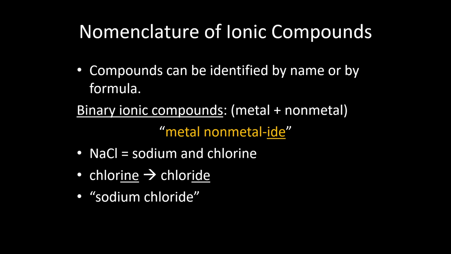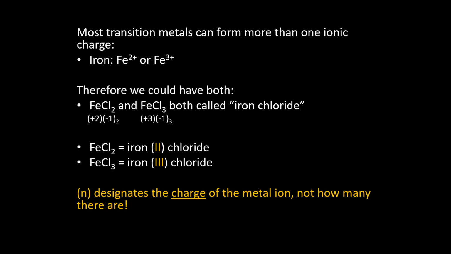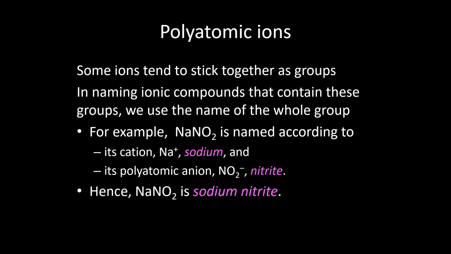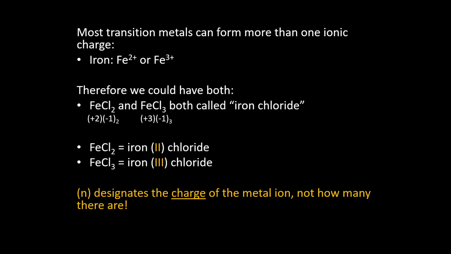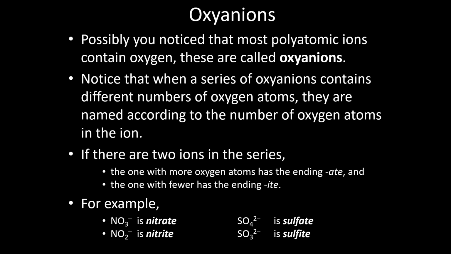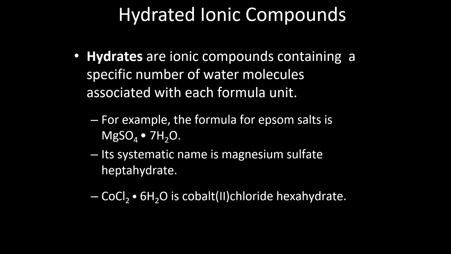So there will be nomenclature on the exam, a decent bit of it. So make sure that you know how to name all of the different groups, if you will, or different kinds of molecules that we talked about here, that being ionic molecules or compounds in any of their forms, as well as not hydrated, by the way.